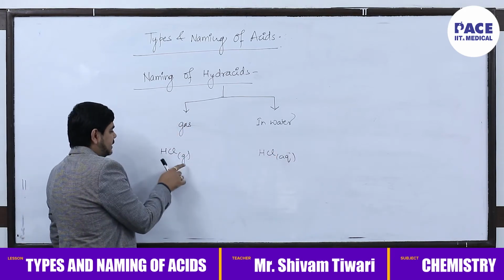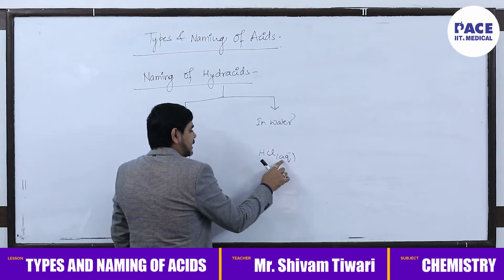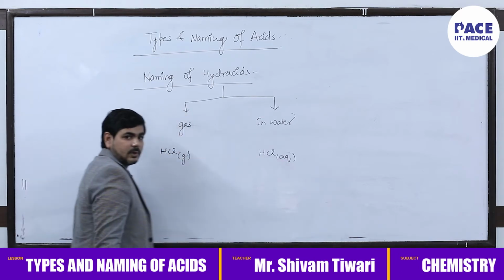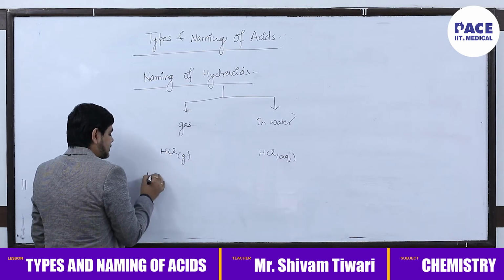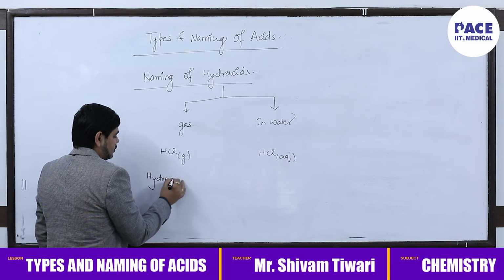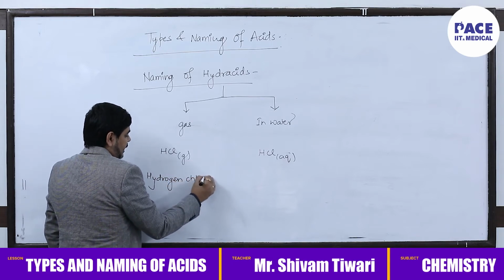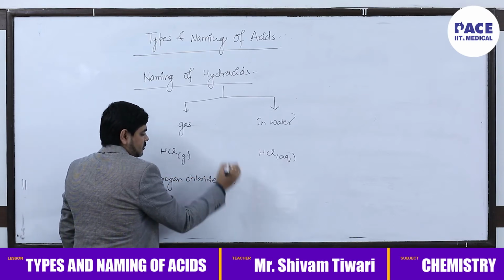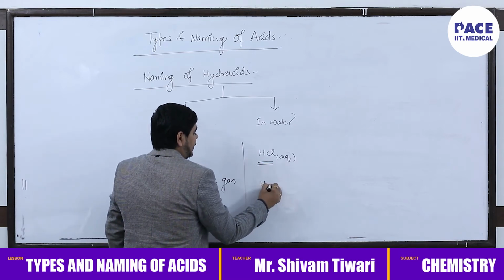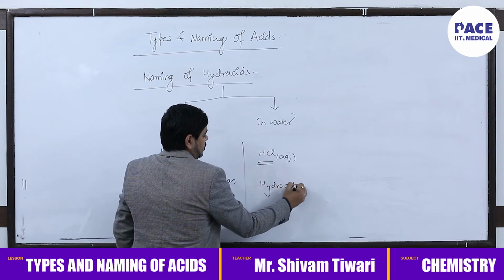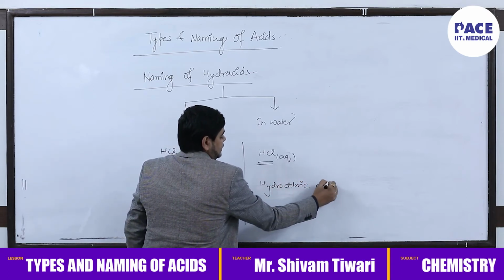G means gas, HCl is a gas; HCl aqueous means it is in water. In both cases the names are different. Over here the name is hydrogen chloride gas. Over here the name is hydrochloric acid.